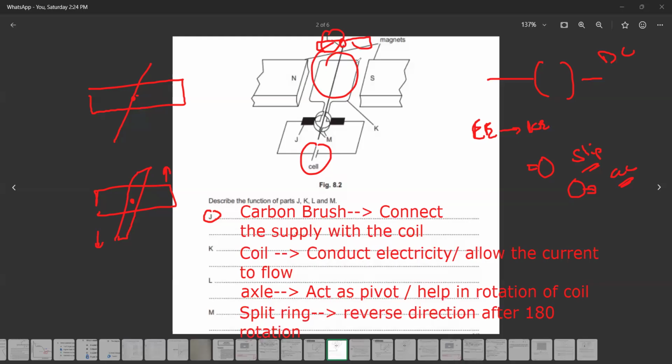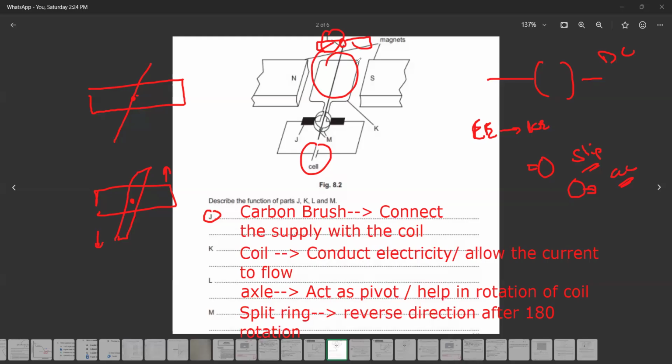If they ask what is the purpose of slip rings or slip ring commutators with the carbon brushes, the main purpose of slip rings is to allow the current to flow in both ways. The wire will remain in contact every time when the coil is rotating.